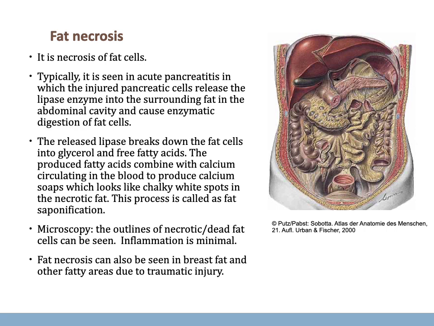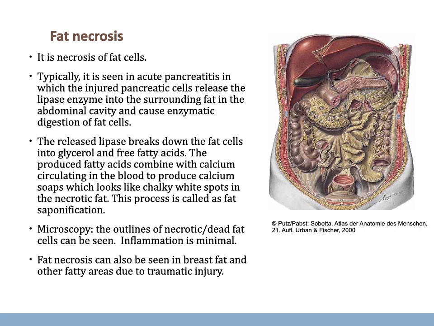Okay, so lipase splits the fat into glycerol and free fatty acids, and then the free fatty acids will combine with calcium to form calcium soaps or white chalky material. Now, acute pancreatitis is scary because it releases digestive enzymes, it digests everything, and it causes massive hemorrhage. That's why acute pancreatitis is very dangerous.